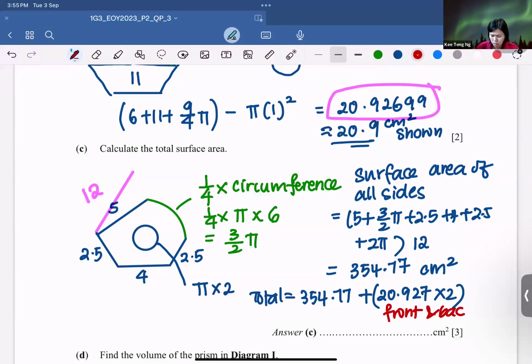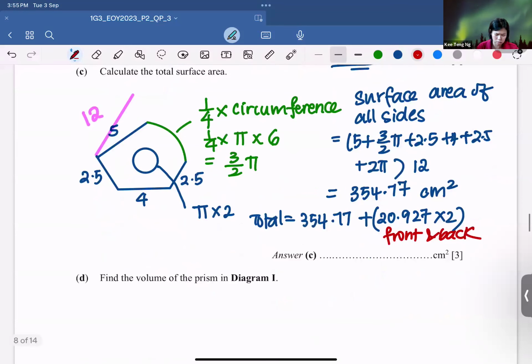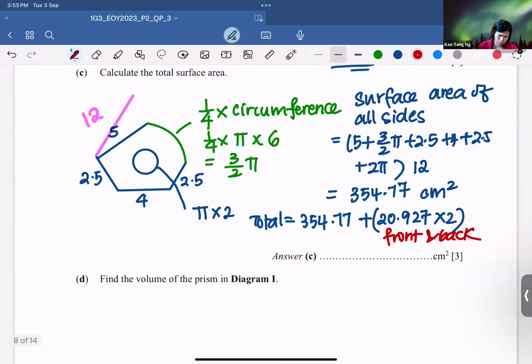Then we add up the total answer. 20.927 times 2 will give me the answer 396.62, rounded off to 397 cm squared. Okay, all right, a little bit difficult, so slowly.